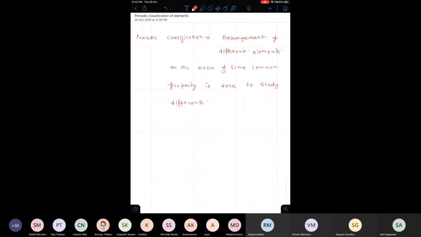This is called classification of elements.